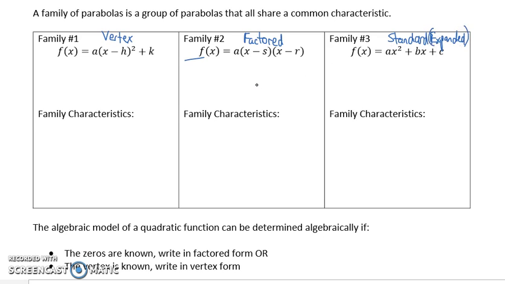Now, the first family that we're going to look at here deals with the vertex form, but that is in the case where h and k, the vertex, are fixed. H and k are fixed. What's varied is the a value.